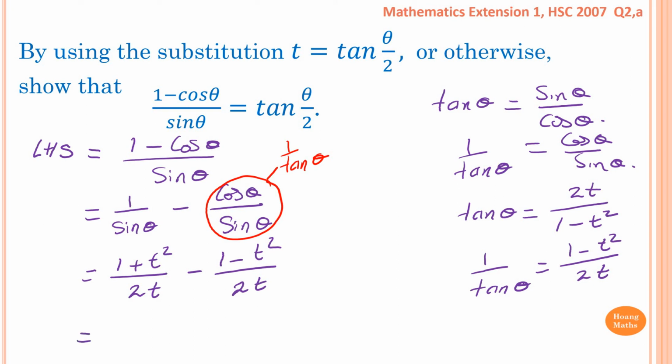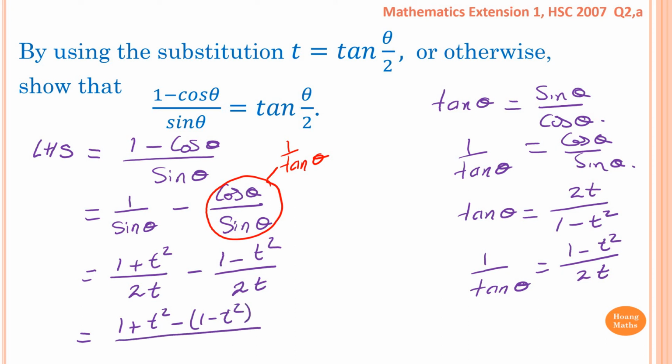Now this is equal to 1 plus t squared minus, we minus the whole lot, do not forget, because if you don't, your answer will be wrong, because it's minus t squared. That's why we have to bracket it.